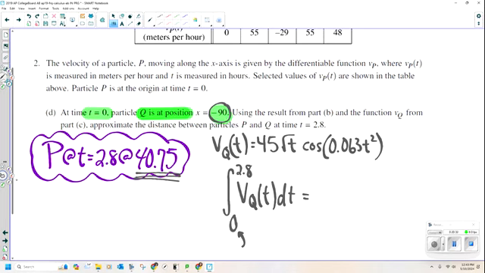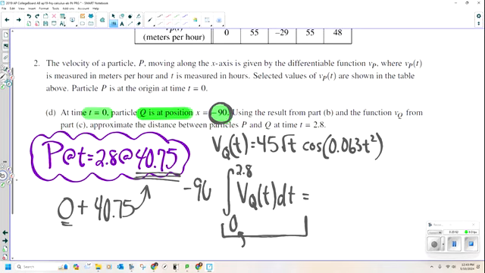Particle P was at 0, so the displacement of 40.75 meters to the right was from where it started, which happened to be 0. Particle Q is going to be moving from -90. So I got to start at -90 and then add that movement to -90. It is not starting at 0. That's where the mistake can be made if you're not careful.